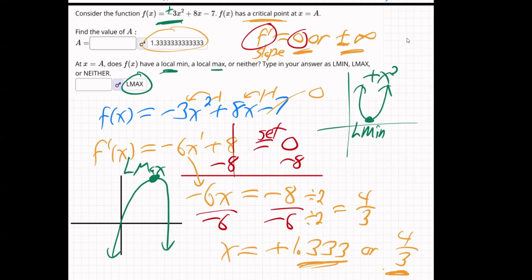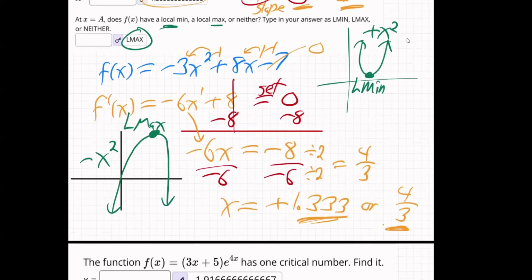If you have a negative x squared function, like negative 3x squared, the graph's going down, it's got a local max. If it's positive x squared, the graph's going up, it's got a local min. That's a good way to do it.